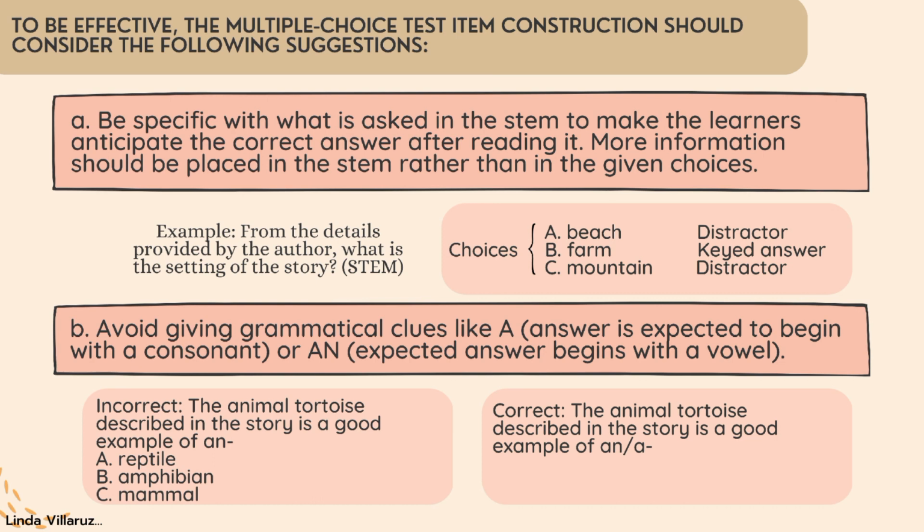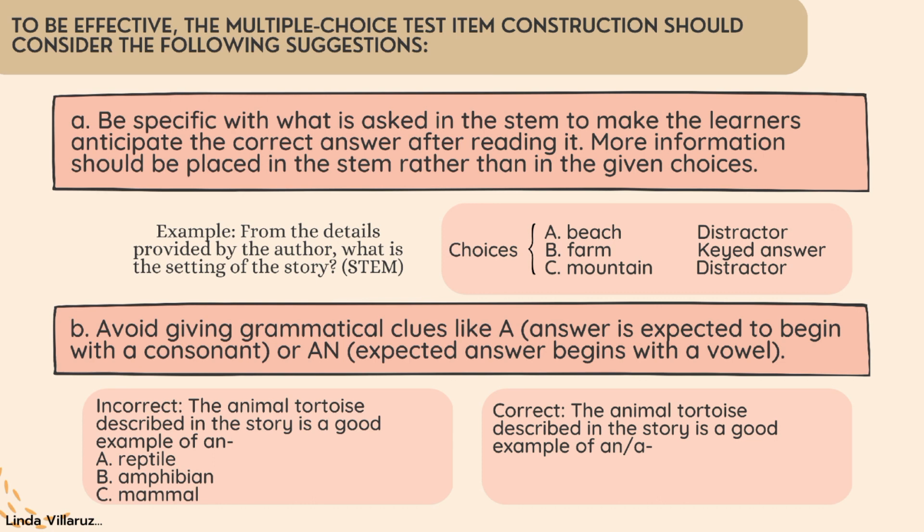Example: from the details provided by the author, what is the setting of the story? This is the stem. Letter A, beach. Letter B, farm. Letter C, mountain. These are the choices. The distractors might be letter A and letter C, and the key answer is letter B.